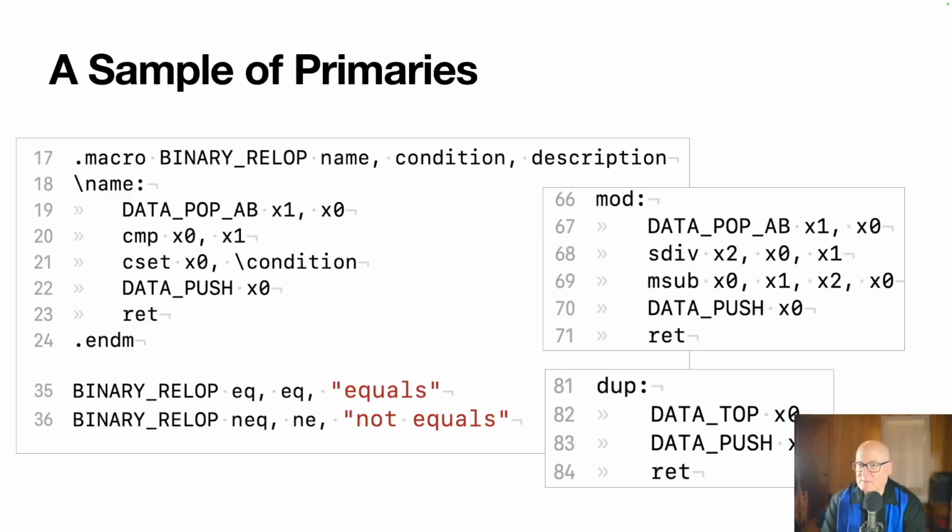Let's see, I think we multiply x2 by x0 and then subtract that from x1, or I may be twisted around, I have to look, but somehow we end up with the modulo value in x0, and on line 70 we push that. And then dupe just looks at the top value on the stack and pushes another copy of it. So all straightforward. Most of these arithmetic, logical, relational ones are pretty close to being that simple.